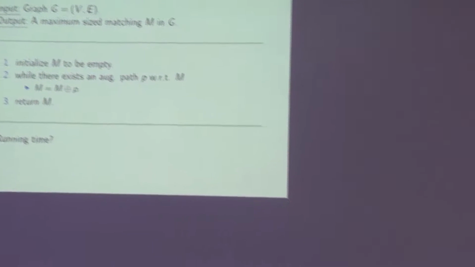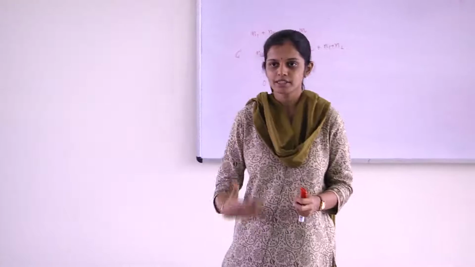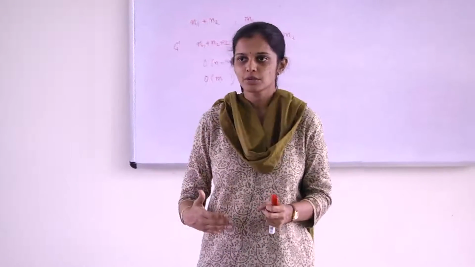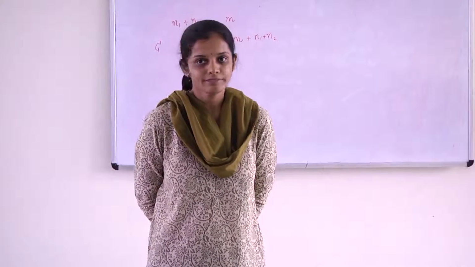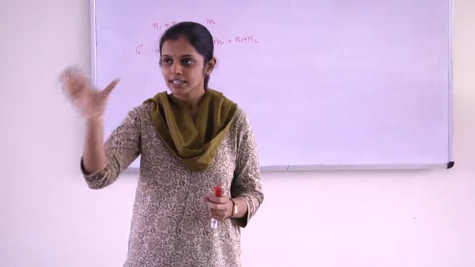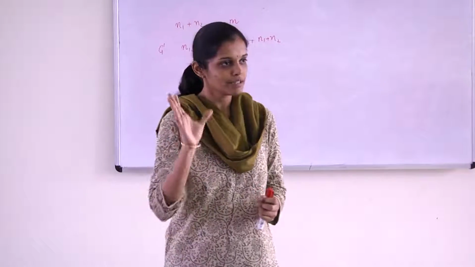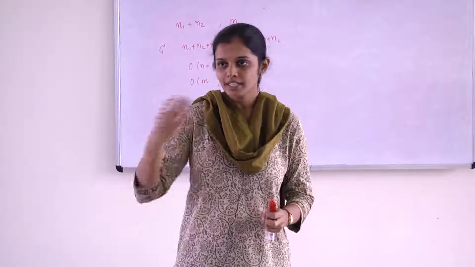In the next iteration, you may again do 2. So then you keep on doing this. How many iterations do you need? What can be the size of the largest matching? n by 2, right? Because if you have n vertices, the number of edges in your matching is at most n by 2. And therefore you cannot go beyond the size of the matching.